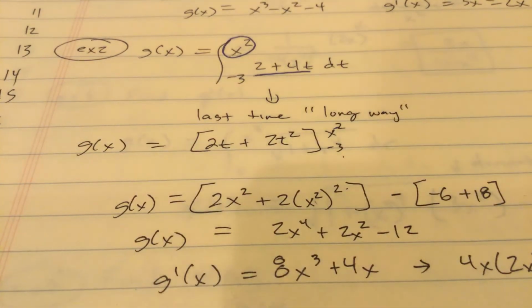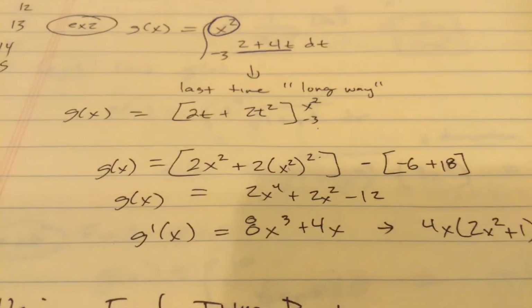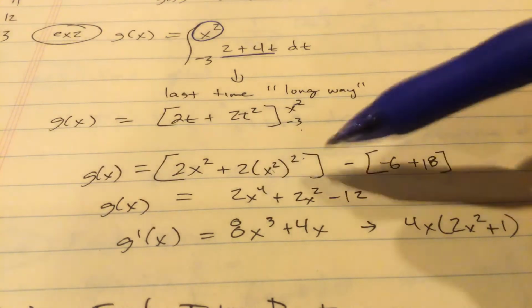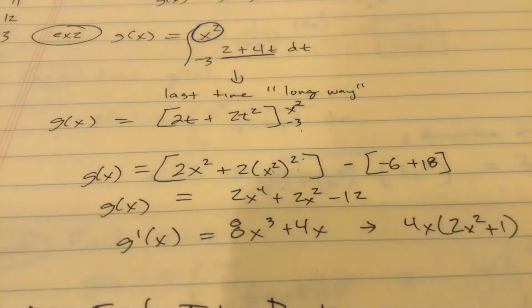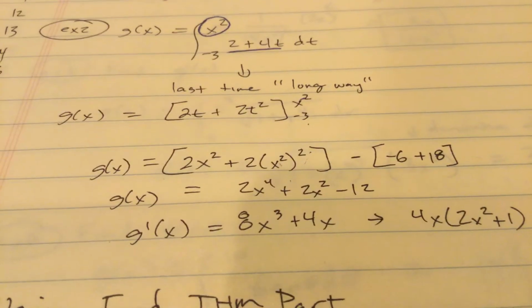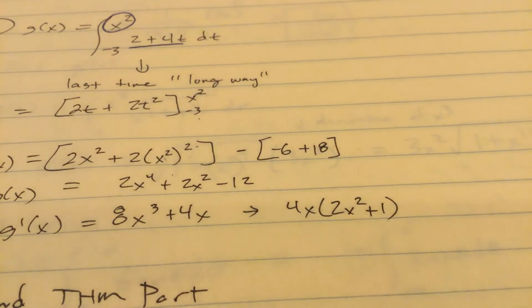Minus, and plug negative 3 in for t. All right, 2x to the fourth plus 2x squared minus 18. That is what g of x is. Now I'm going to take the derivative. It is 8x to the third plus 4x. Again, I can factor out a 4x there.